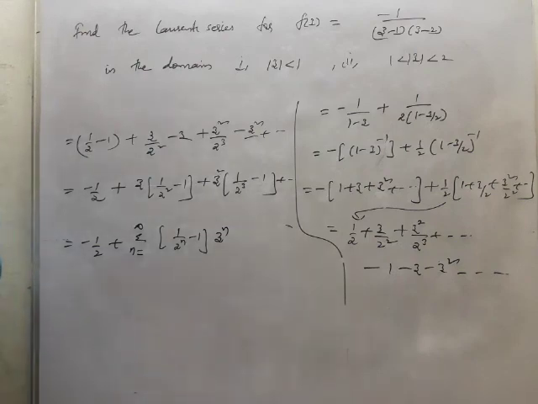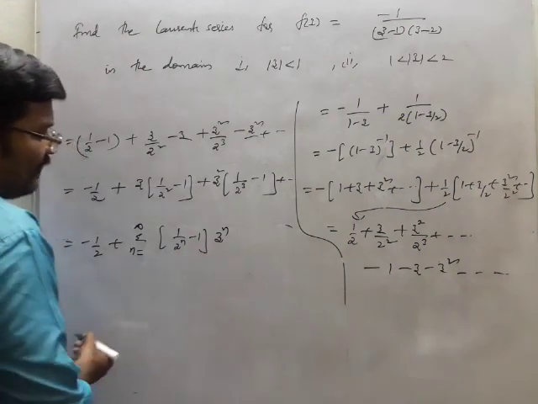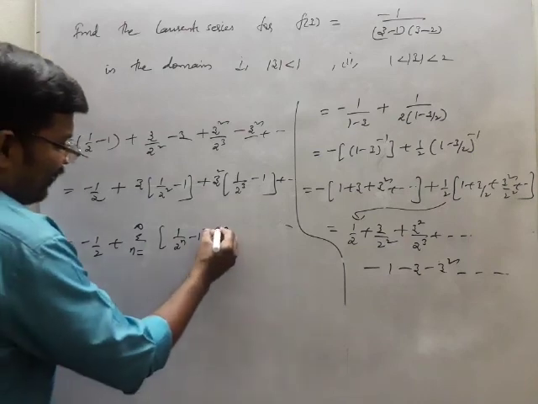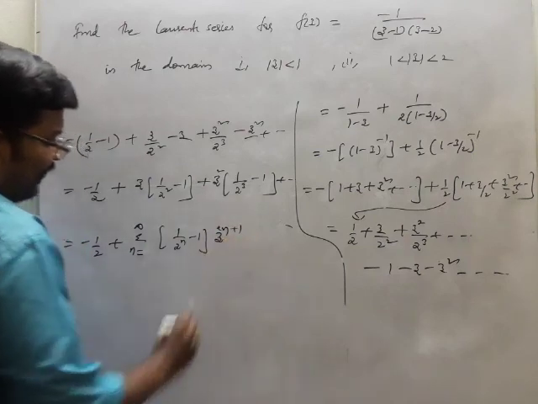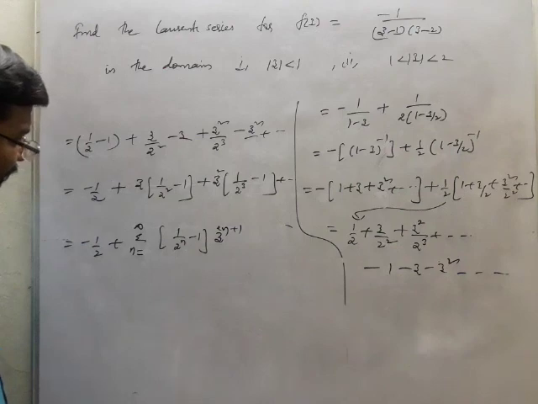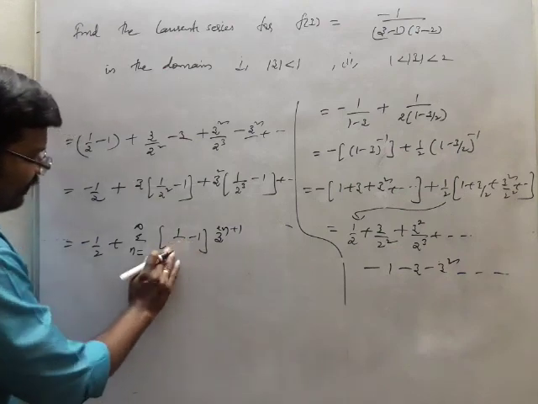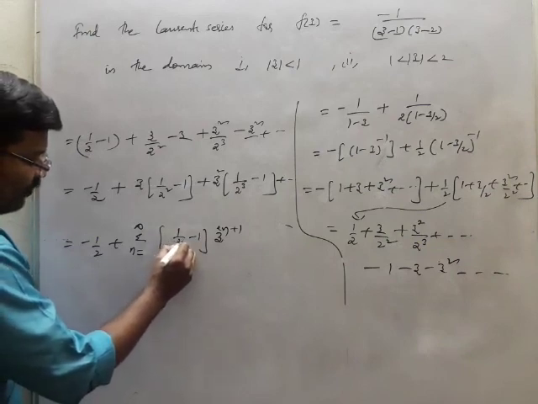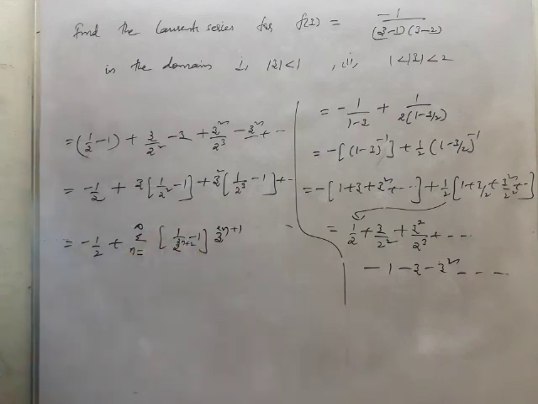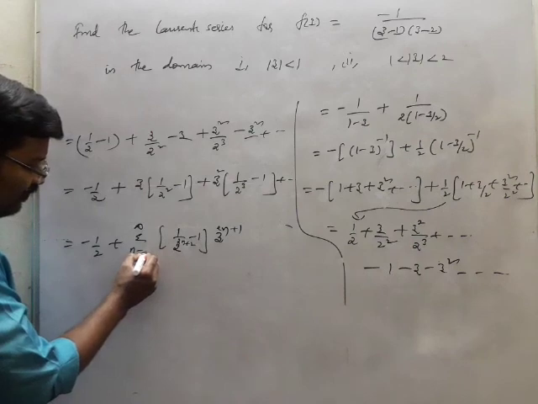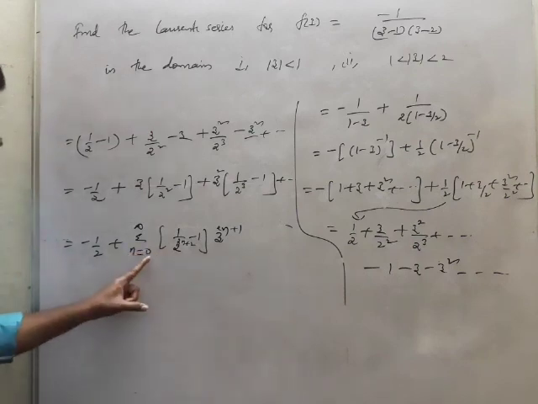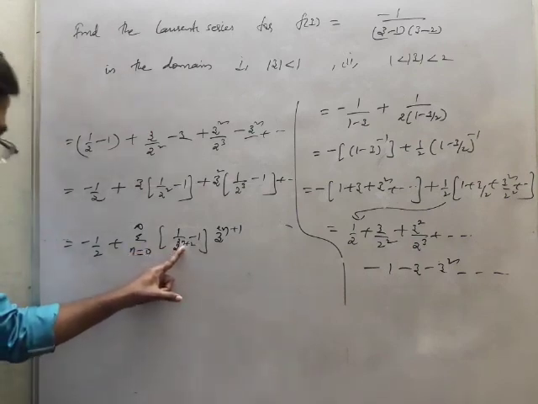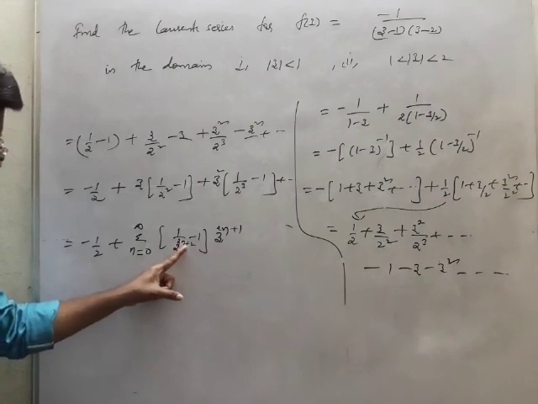So therefore what we can do is, if I write 2n plus 1, what is going to happen? Here z square I should get, so z square means 2n plus 2 if I write. So n equal to 0 if I put, 2 square you will get.